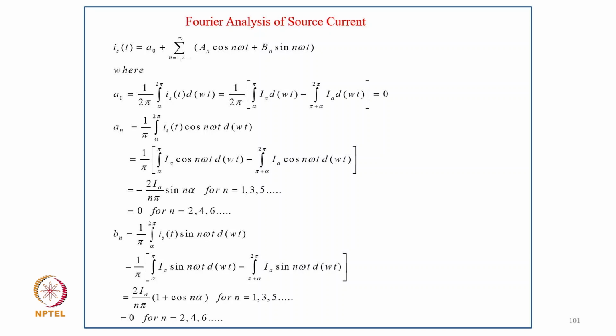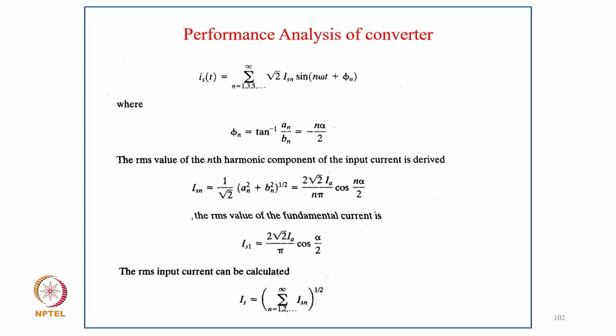For Bn, again 1 upon π times the integral of Ist sin nωt, and putting the value it comes 2I upon nπ (1 + cos nα) for odd harmonics and equal to 0 for even harmonics. Now Ist equals the sum over n equal to 1, 3, 5 to infinity of √2 ISN sin(nωt + φn), where φn is tan inverse of An upon Bn, which is −nα by 2.